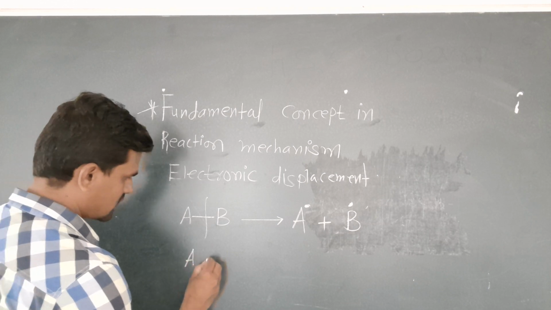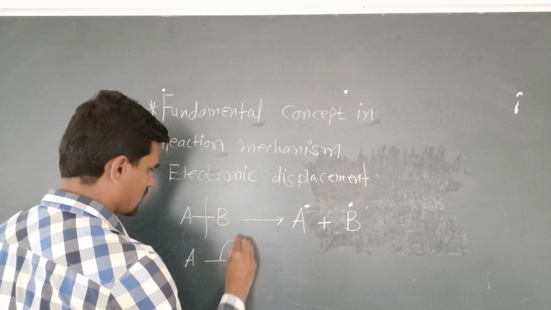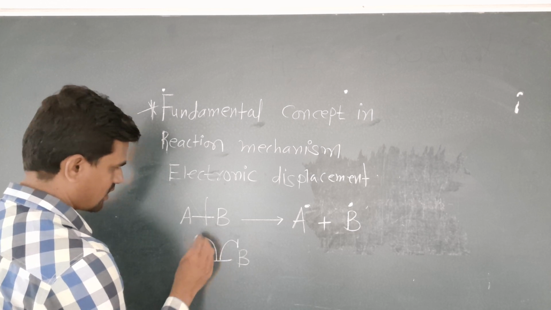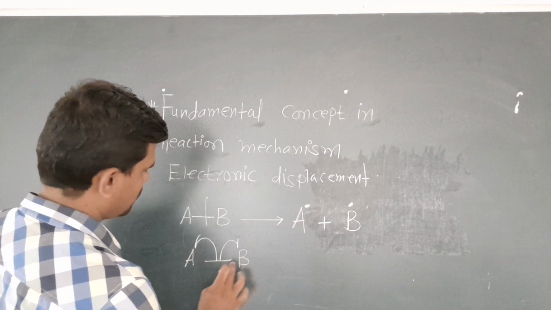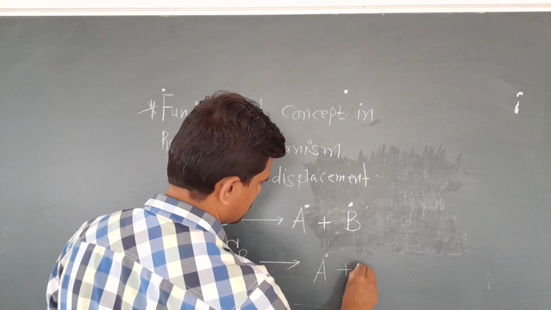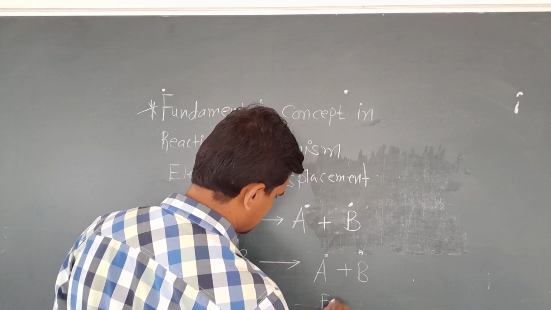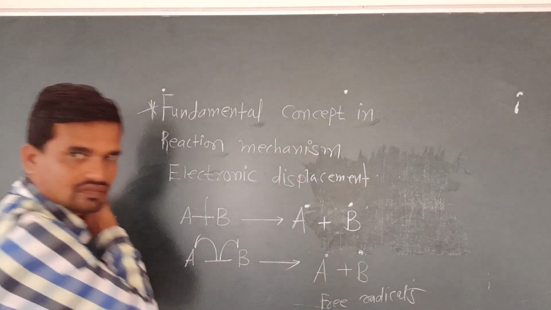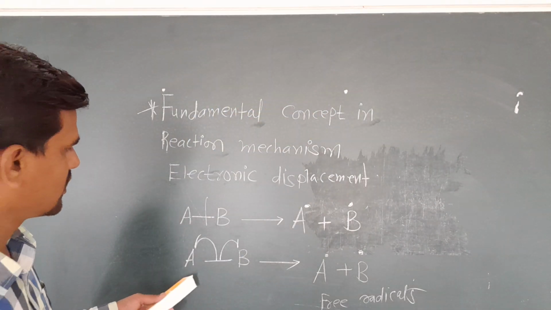This electronic displacement is indicated by the half-headed arrow. This half-headed arrow is on atom A, and a half-headed arrow is on atom B. This arrow indicates that a single electron goes to atom B, and a single electron goes to atom A. So there is formation of free radicals.